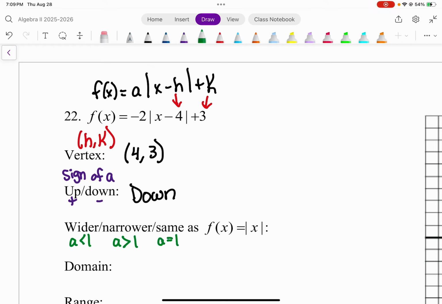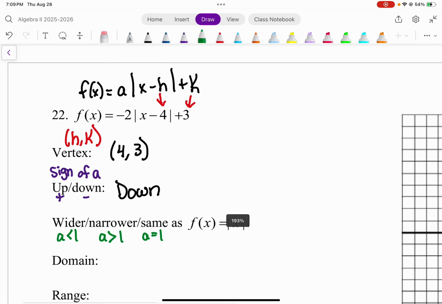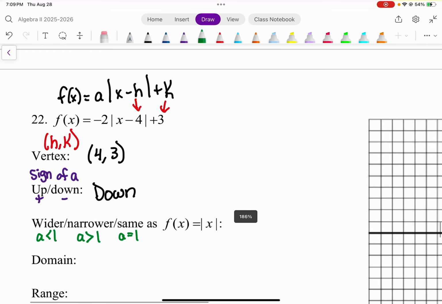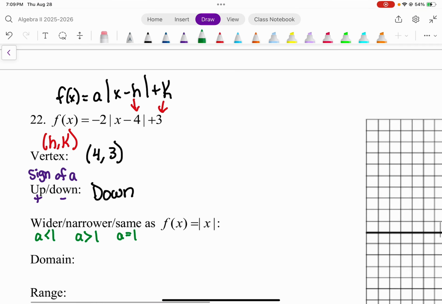So for this example, we have f of x, and we are comparing it to the absolute value of just x. And a, just the number, is 2. So 2 is greater than 1, making this graph more narrow than the absolute value of x.